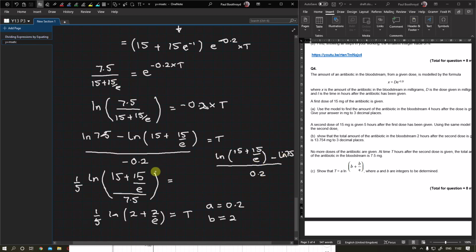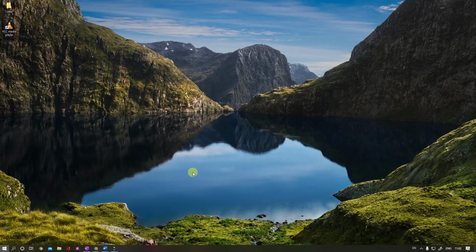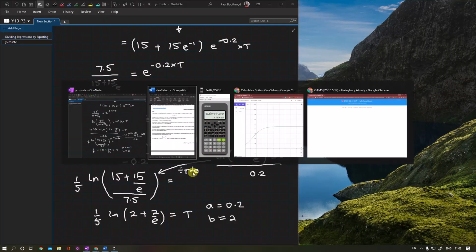The log there on the top gives me the log here. So we recombined it into the division rule, by switching the signs. And that's how that whole question gets done.